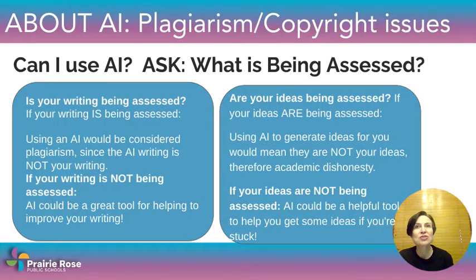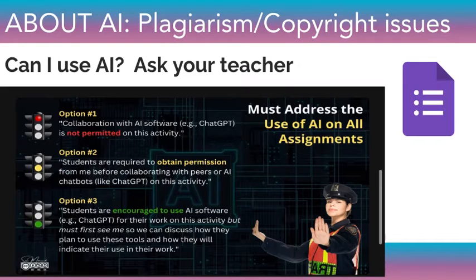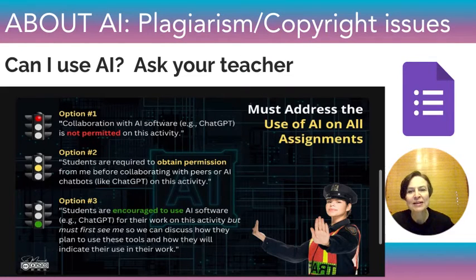So make sure that if the thing that's being assessed, that's what you shouldn't be giving your teacher the AI answer for. Again, this red light, green light, yellow light form or idea, when is that appropriate? That's a great way to handle that as well.